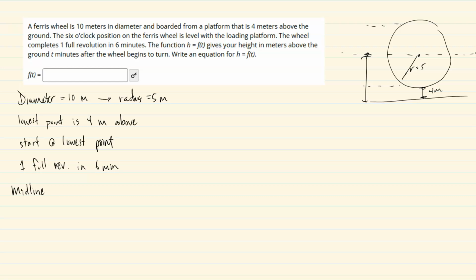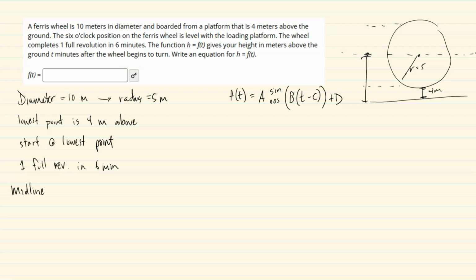And the standard form of the function is essentially f of t equals a sine or cosine, we'll figure that out, b times (t minus c) plus d.